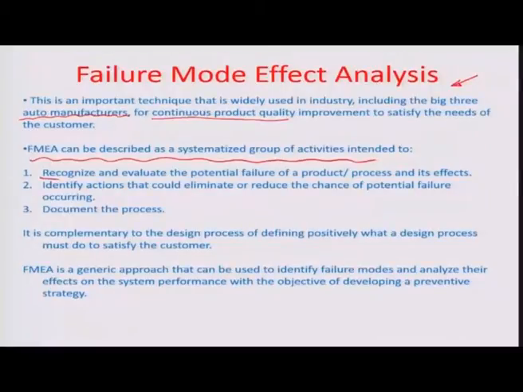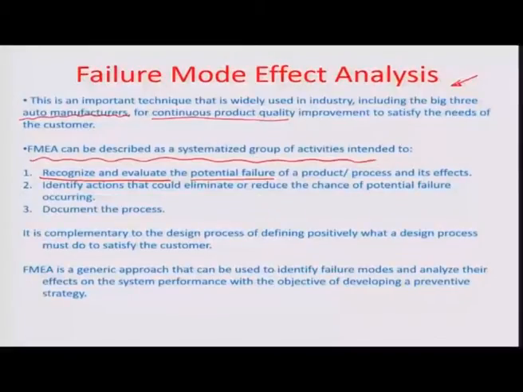One is to recognize and evaluate the potential failure modes of a product, meaning thereby that we need to identify what is the cause of a certain defect or a failure to happen, which will create customer dissatisfaction. Then associate what are the important processes which are involved in such a product development failure or product failure, and also what are the effects of these processes which will set in the failure.